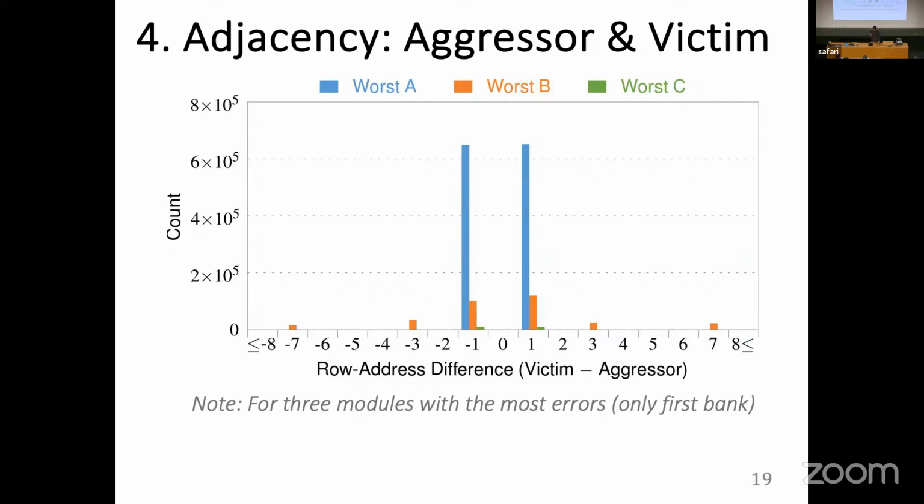So this experiment is conducted such that we take one sample row and hammer it a fixed number of times. The toggling rate is the same, but we still see bitflips on the rows that are further apart than ±1.